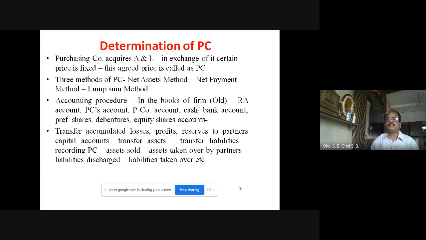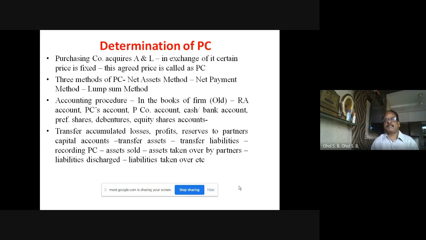Now, if the liabilities are not taken over by the new company, and the partner has also not taken them over, then that liability is to be discharged by making the payment. At that time, we record realization account debit to bank, in brackets liability paid, and likewise.